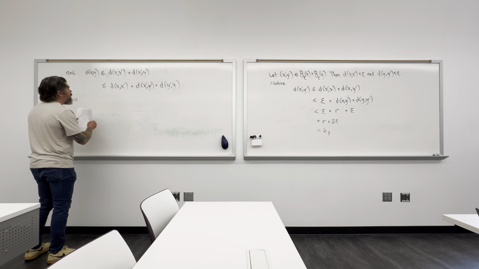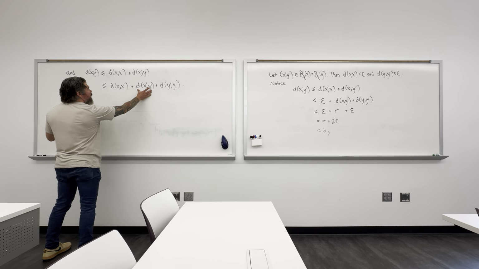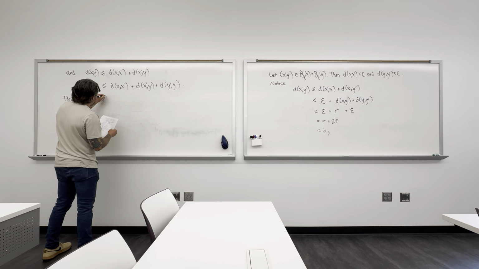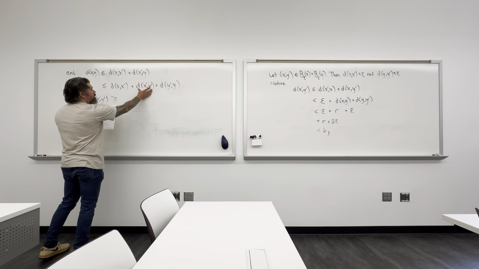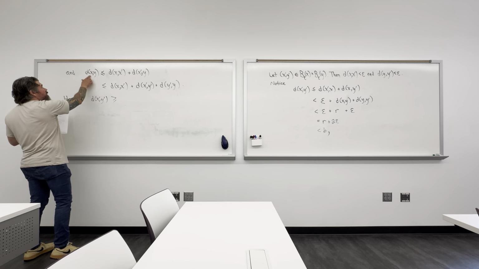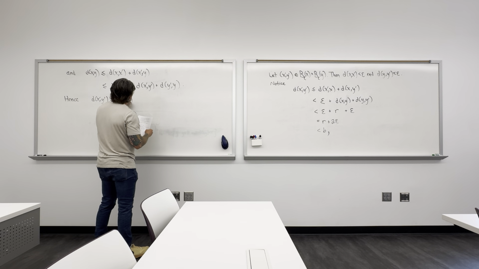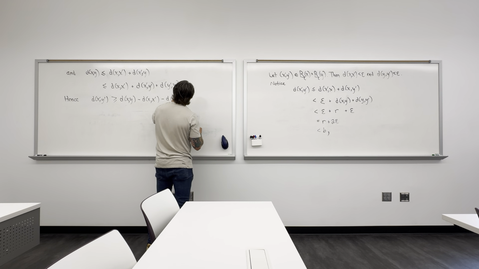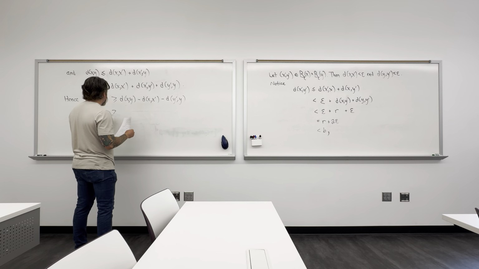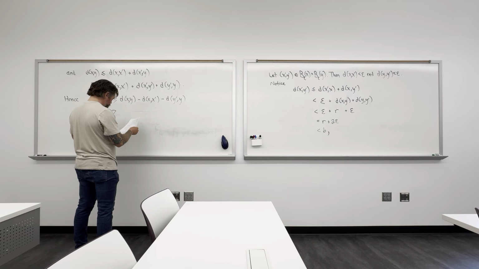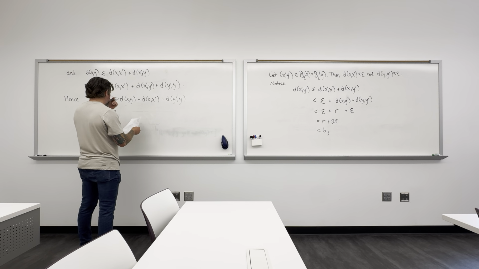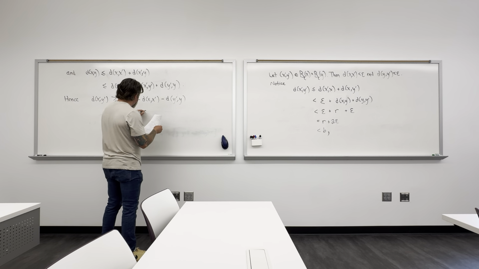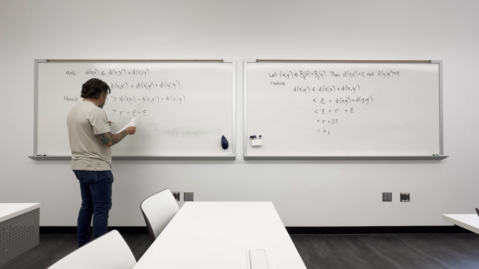Hence, I can shuffle things around. Notice that I want to isolate this, so the distance of x prime, y prime is greater than or equal to, I'm going to leave this over here and move this and this over to this side: the distance of x, y minus the distance of x, x prime minus the distance of y prime, y, which is strictly greater than r minus epsilon, which equals r minus 2 epsilon, which is greater than a.